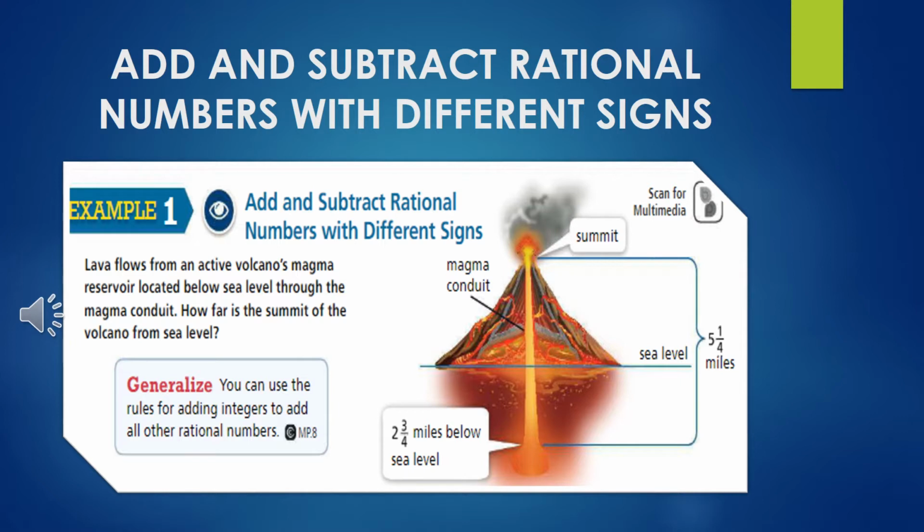But I don't need all this space, so I'm going to subtract the part below the sea level, and this is equal to 2 3/4 miles. So I just need to solve the subtraction of 5 and 1/4 miles minus 2 3/4 miles, and I'm going to find the distance from the summit to the sea level.